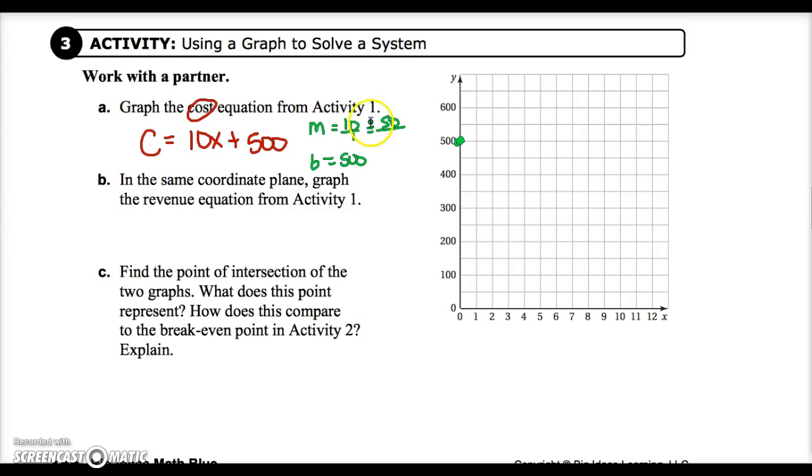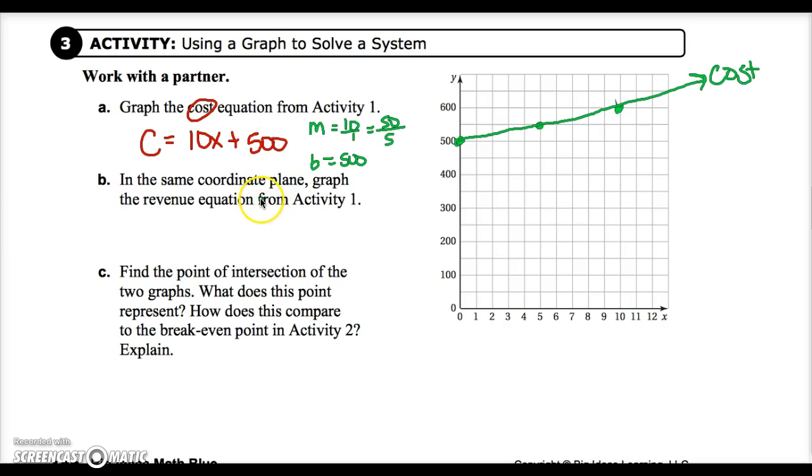If I go up 50, that means I would have to run 5 to keep it the same. So I'm going to do that since it'll make a little more sense here. Up 50 over 5 right here. Up 50, go another 5. Rise over run. So here is our cost equation, or cost graph.